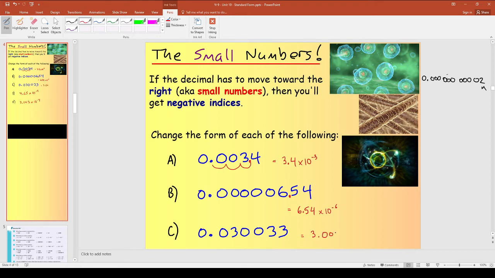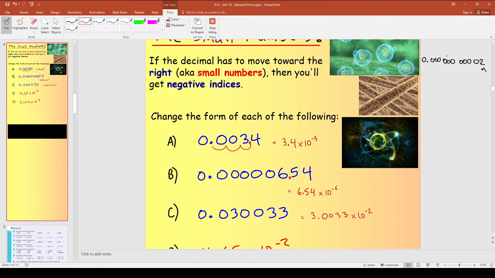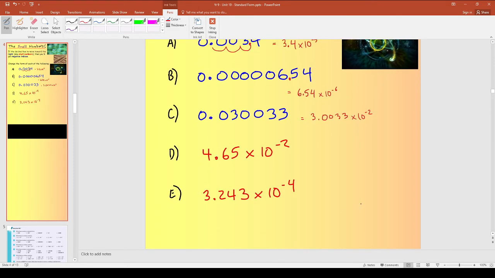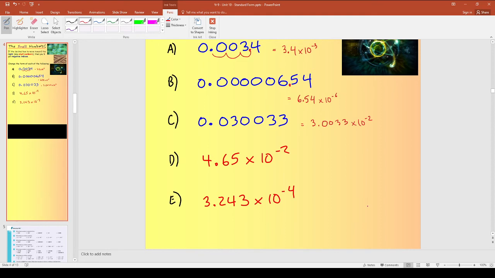So 0033, you copy out that whole bit after the decimal, and it's times 10 to the minus 2. Let's say a minus 2 to indicate it's a small decimal number, to indicate that you're going to move the decimal the wrong way, to the left. Cool. These are just the opposite, so I've done them in red.